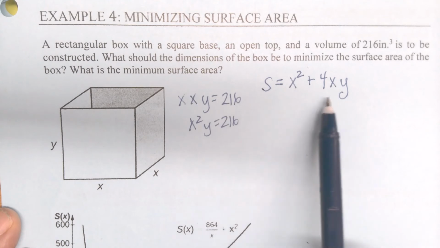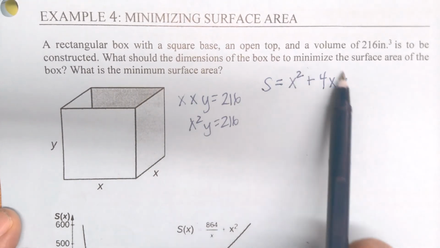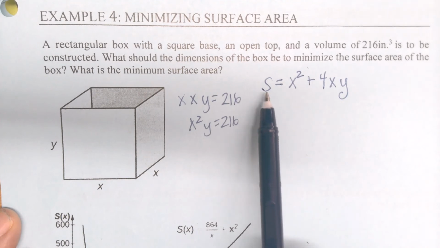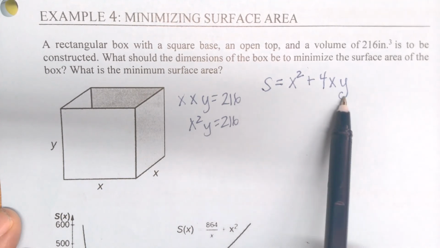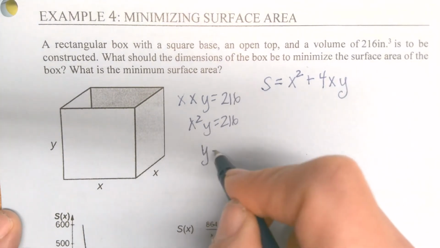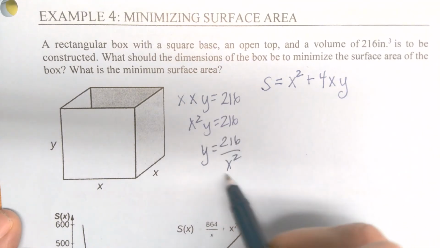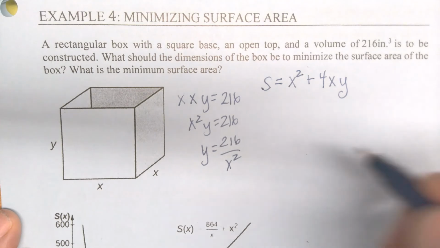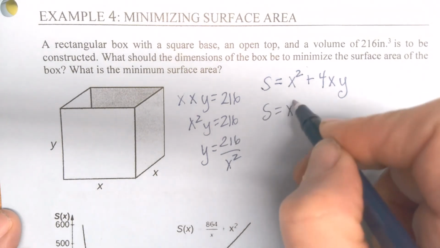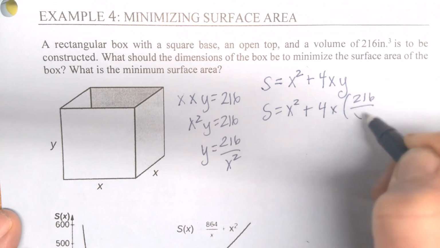The problem that I have, because the surface area is the function that I want to minimize, is that I do that by taking the derivative and setting it equal to 0, but I have this y in here, and so that's where that original equation comes into play. I can solve for y, and then I can replace y with this other looking function. So I end up with a surface area that is x squared plus 4x times 216 over x squared.